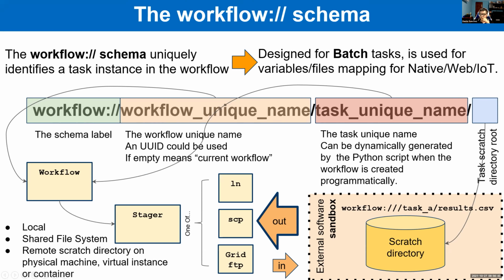Following this is the path to the input and output directory of the task that we are referring to. We designed this workflow scheme for batch tasks, and it's used for variable files, mapping native batch applications, web applications, and even IoT applications.